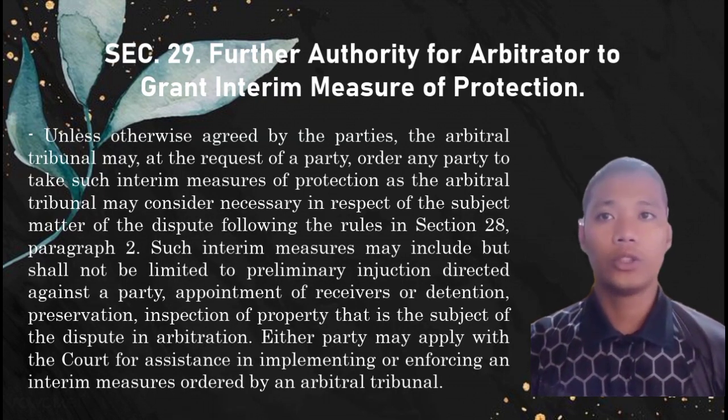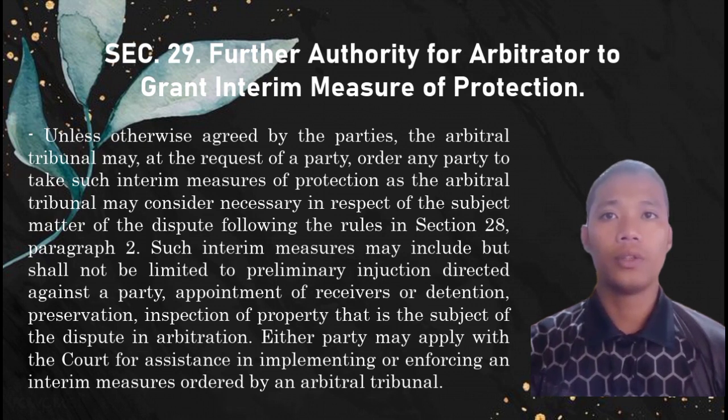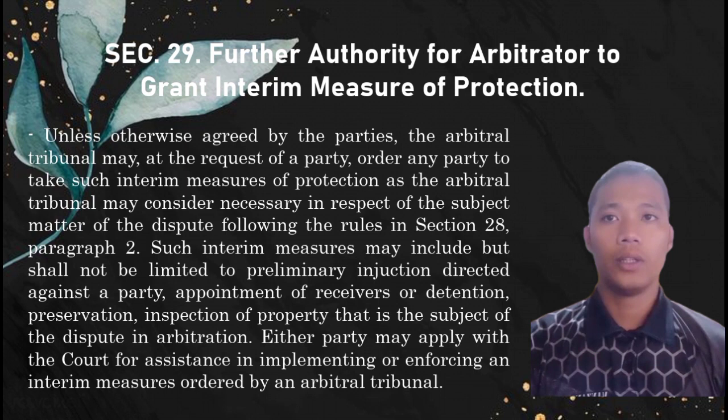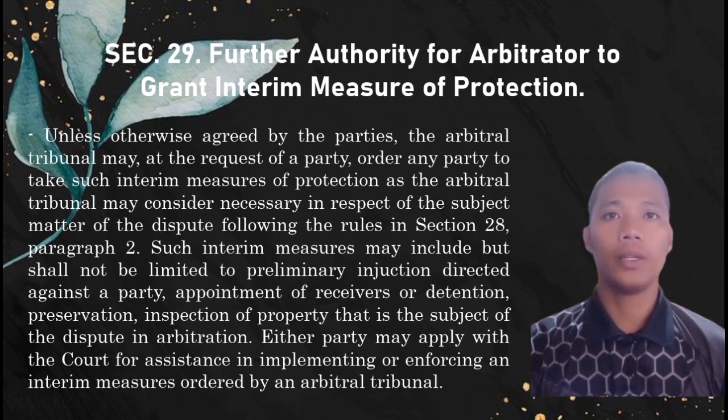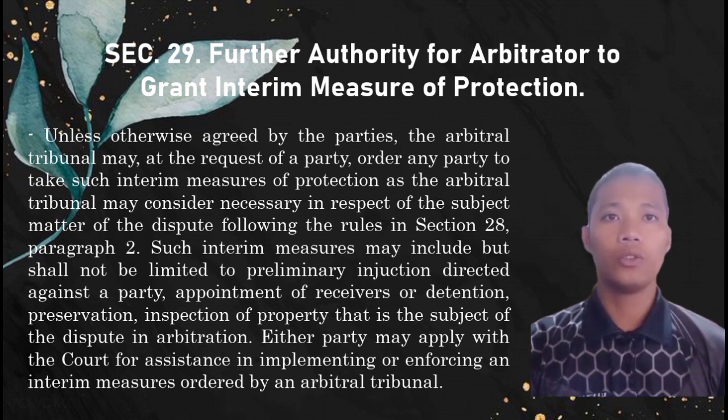I report Section 29. Further authority for arbitrator to grant interim measure of protection. Unless otherwise agreed by the parties, the arbitral tribunal may, at the request of a party, order any party to take such interim measure of protection as the arbitral tribunal may consider necessary in respect of the subject matter of the dispute, following the rules in Section 28, Paragraph 2.